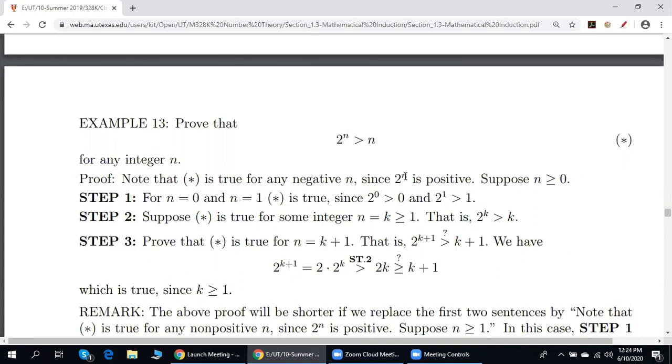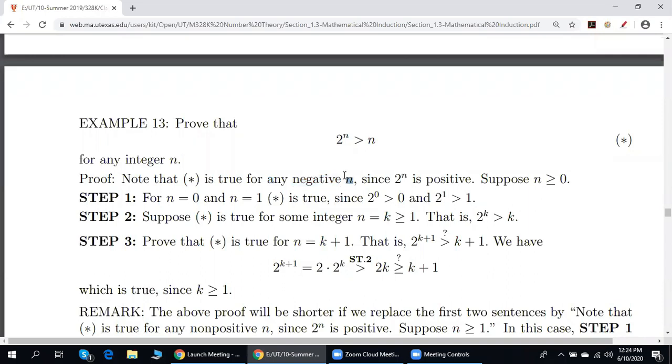So, no matter what n is, the left-hand side is positive. Therefore, if n is negative, the right-hand side is negative. Positive is greater than negative. So, this is indeed true for any negative n.